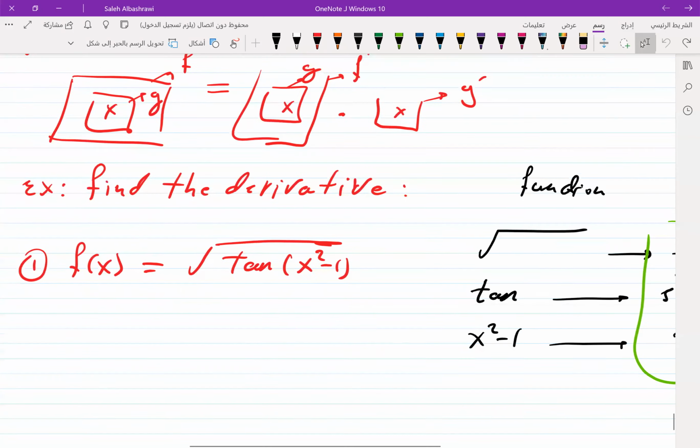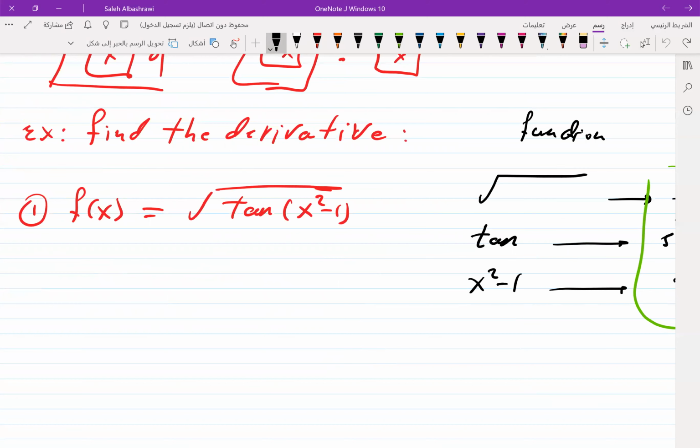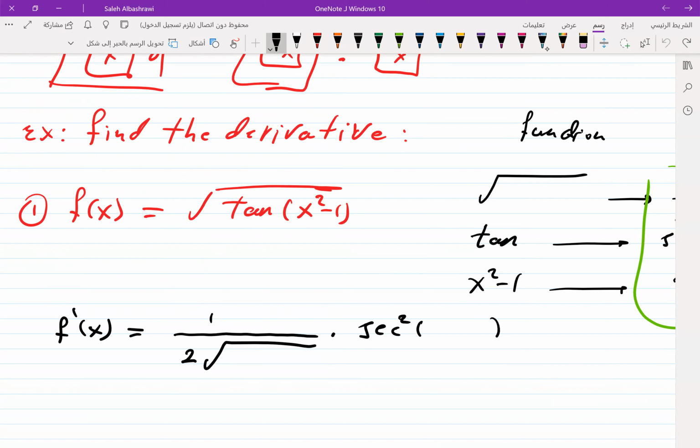So f prime now can be written as 1 over 2 square root of something there inside. Now the derivative of the tangent is secant square, so we have to keep the angle there. Multiplied by the last function, the derivative of the last one is 2x.